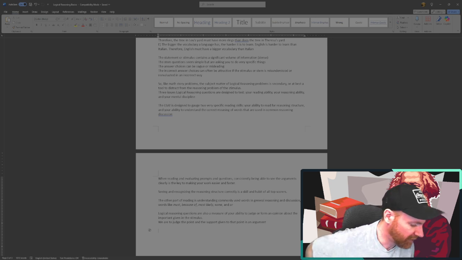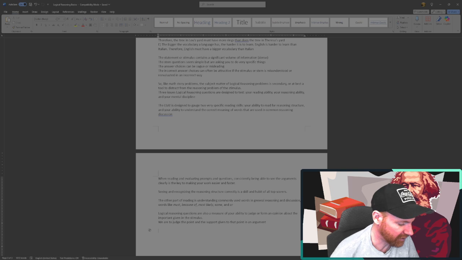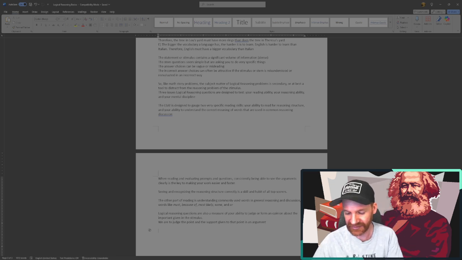It's important to know that neither of these scenarios actually represent what will be asked of you on the LSAT. When we are asked to evaluate the reasoning of an argument, it is always in terms of a very specific task. Our job is always to evaluate and understand why the reasons given do not justify the point that is being made. Let's read that again. Our job is always, actually, let's type it out even.